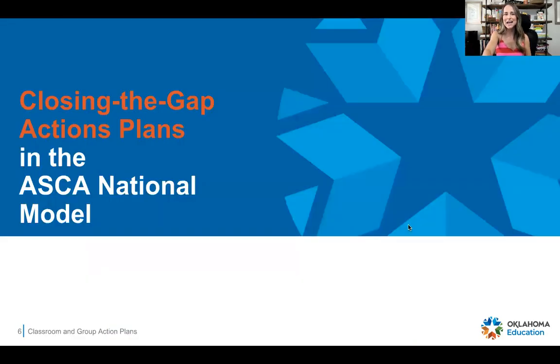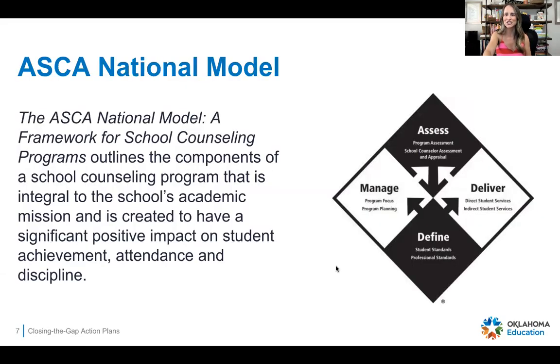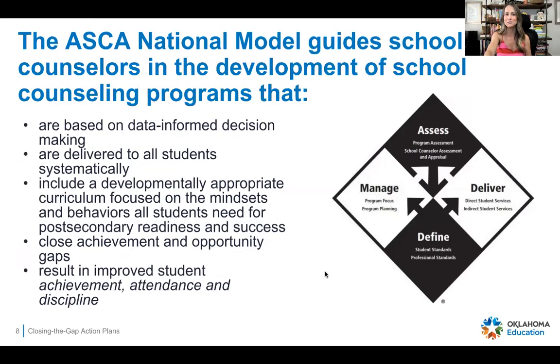All right, so let's dive in to see how this Closing the Gap action plan fits into the ASCA National Model. As we know, the national model has 4 components: define, manage, deliver, and assess. And those 4 components make up the outline of a comprehensive school counseling program that has positive student outcomes.